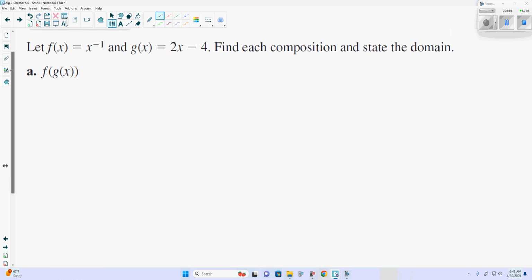You're not going to have to state the domain of these here. We just need to find the composite. And this is going to be one of the few times you're going to be able to leave a negative exponent.